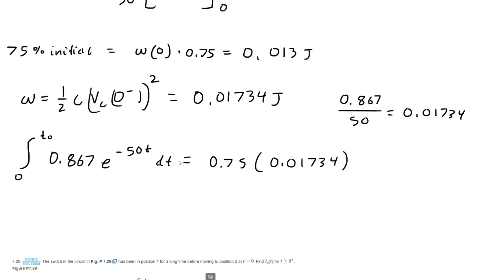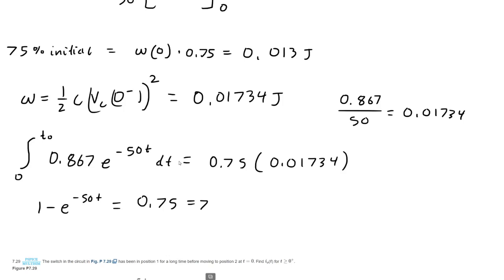So these are going to cancel out, and we're just going to be left with the antiderivative. And we can say it's 1 minus e to the minus 50t equals 0.75. So moving forward, I'm going to put the e on the other side and subtract.